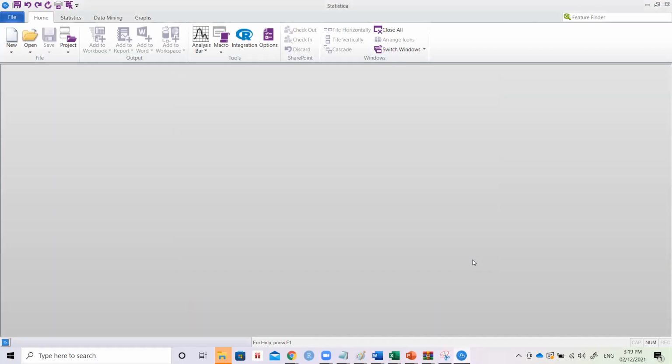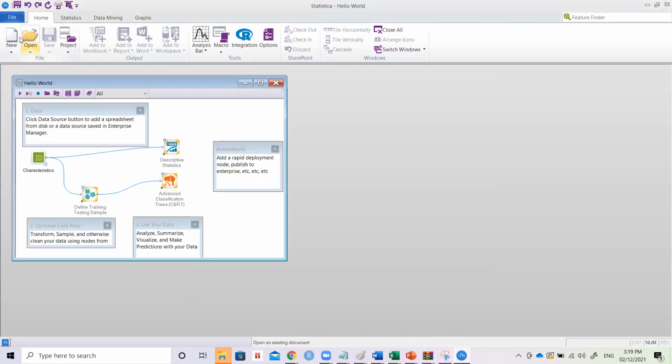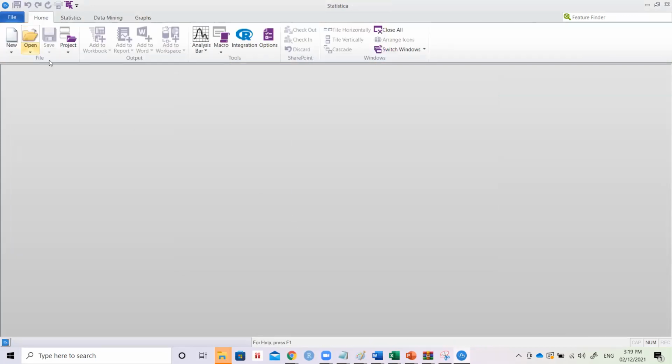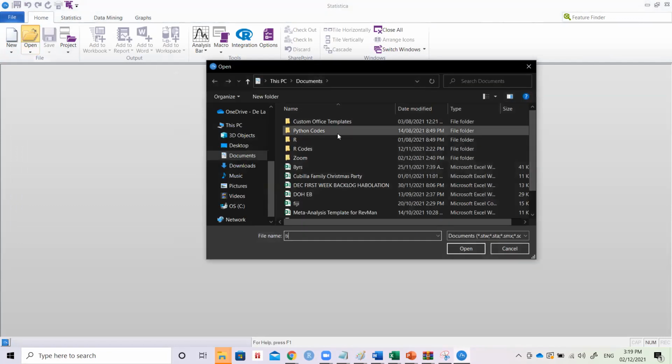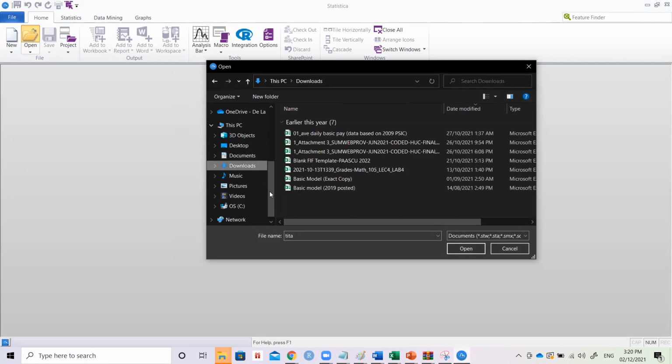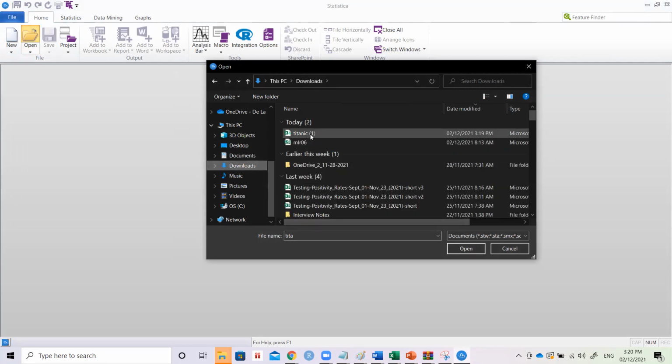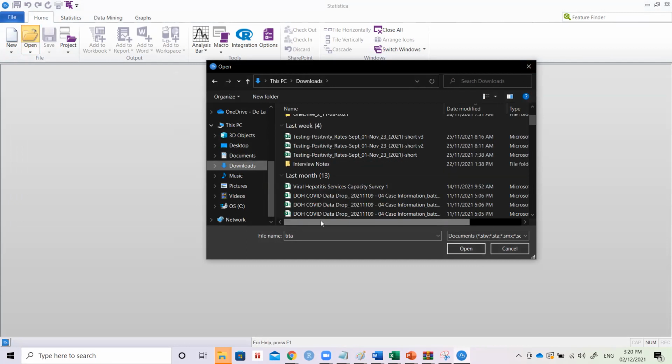Open. Medyo malag siya eh. Ito, Titanic. Saan ba si Titanic nakalagay? Titanic 1. Patay tayo dyan. Wala pala akong fresh copy ni Titanic.